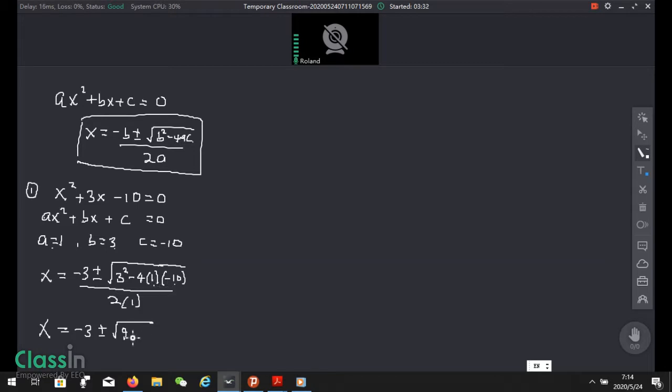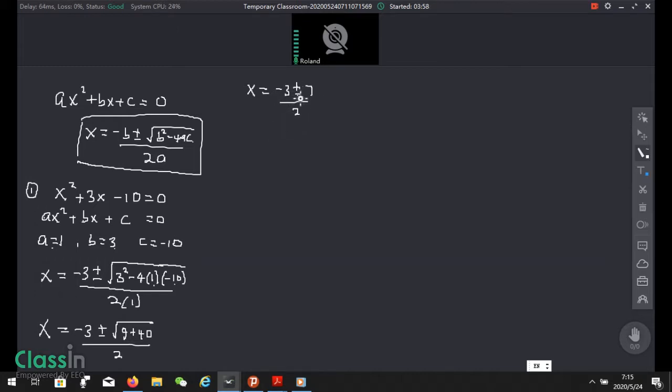Negative 4 times negative 10 is positive 40, over 2. 2 times 1 is 2. So we can continue from here. x will be negative 3 plus or minus the square root of 9 plus 40, which is 49. The square root of 49 is 7. So negative 3 plus or minus 7 over 2.